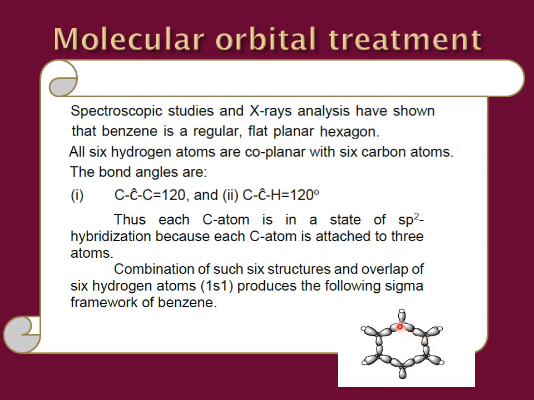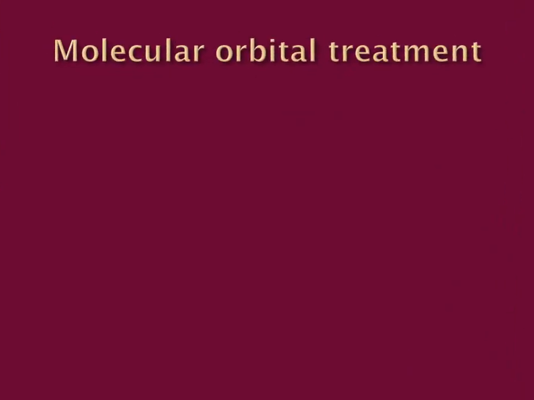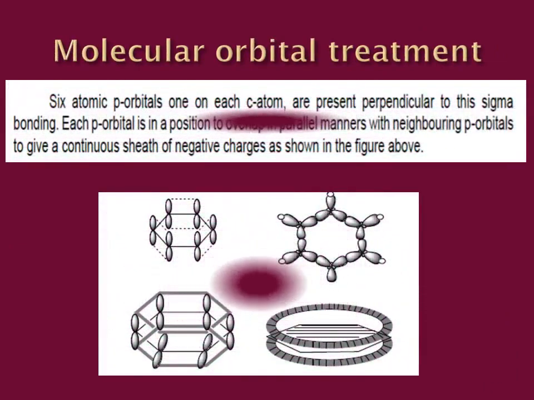Combination of such 6 carbon structures and overlap of the 6 hydrogen atoms with one s orbital each produces the following sigma framework of benzene. Students, the unhybridized p orbitals of the 6 carbon atoms are present perpendicular to the sigma framework. This is the sigma framework that we have already discussed.